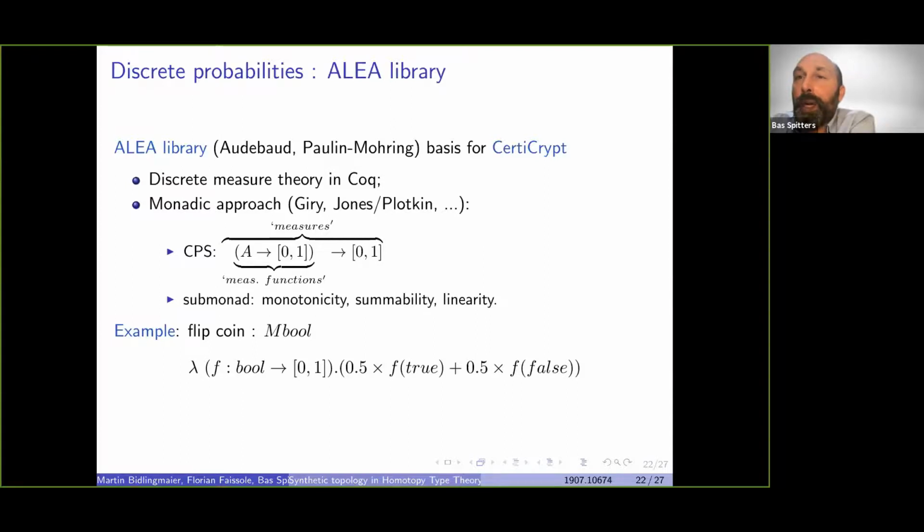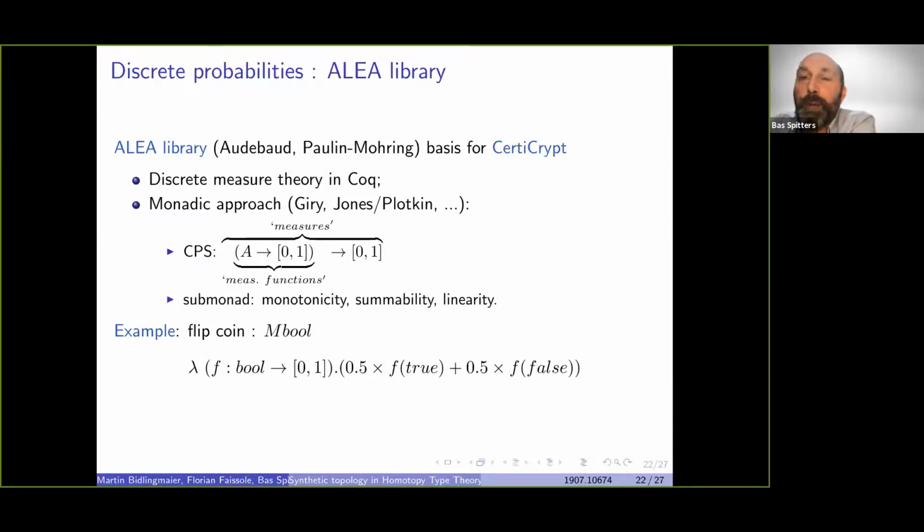So we need to have measures on sets, not general measure spaces. And then the presentation of the Giry monad goes via a CPS translation, continuation passing style translation. And what I really tried to do was to follow this kind of development as much as possible. And I think we've achieved that.